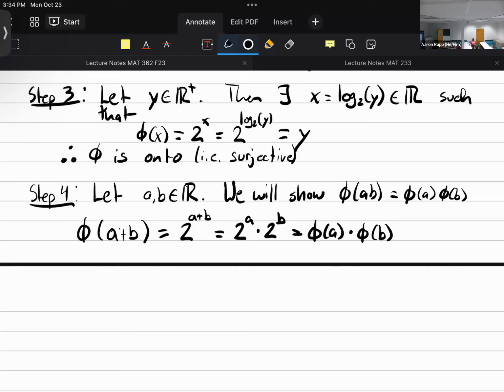And similar for 2 to the b, that is the same thing as if I just wrote phi of b. So what have I now shown is true about this mapping? Homomorphism.